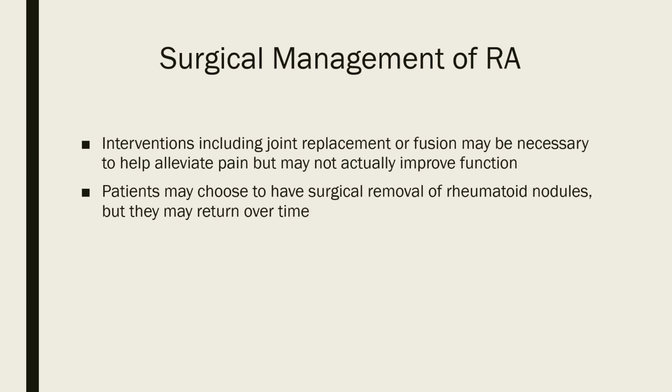So, surgical management of RA. Surgical intervention, including joint replacement or a fusion, may be necessary to help alleviate pain, but may not actually improve function. Patients who choose to have surgical removal of rheumatoid nodules have to know that these nodules may return over time.